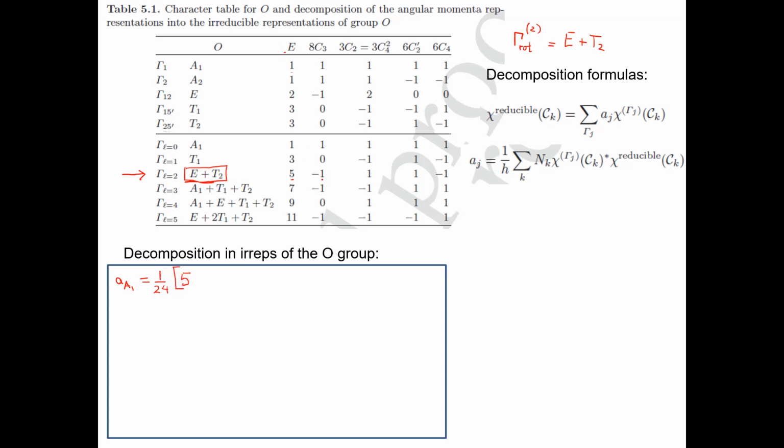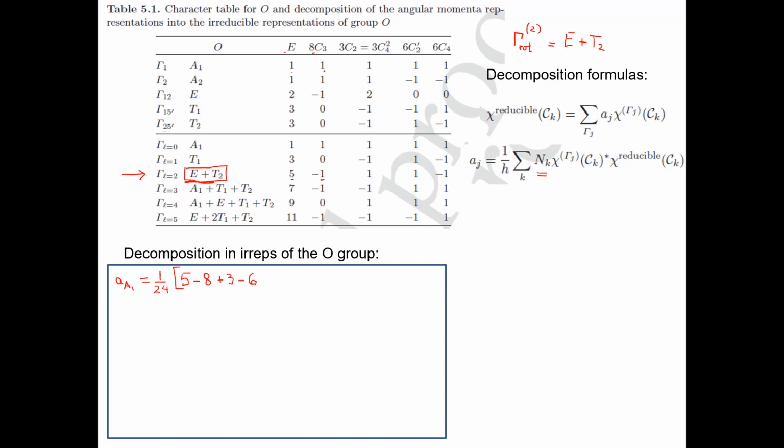Plus minus 1 times 1 times 8. 8 is the number of elements in the class, right? So it's minus 8. And the next one is 3 plus 3. The next one is 1 minus 6.